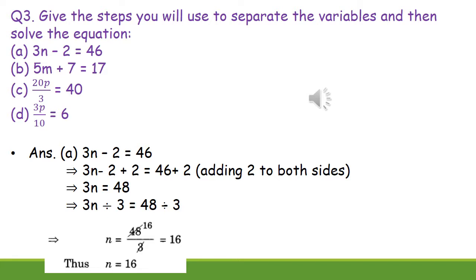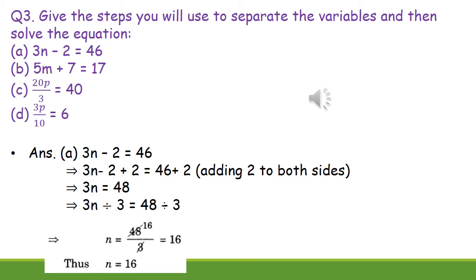Question number 3. Here also we have to separate the variables and then solve the equation. First one is 3n minus 2 is equal to 46. So to get rid of minus 2, we are adding plus 2 on both sides. 3n minus 2 plus 2 is equal to 46 plus 2.